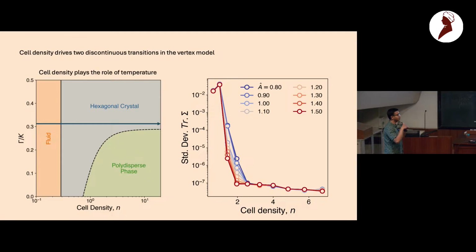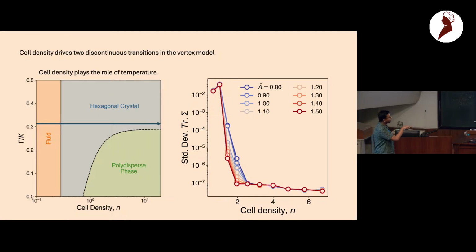If it is low, you are in the solid state. Here you can clearly see that at around this density, you get a precipitous drop in the stress fluctuation, which tells you that there is a discontinuous change in the rigidity of the system, a discontinuous transition as a function of density.